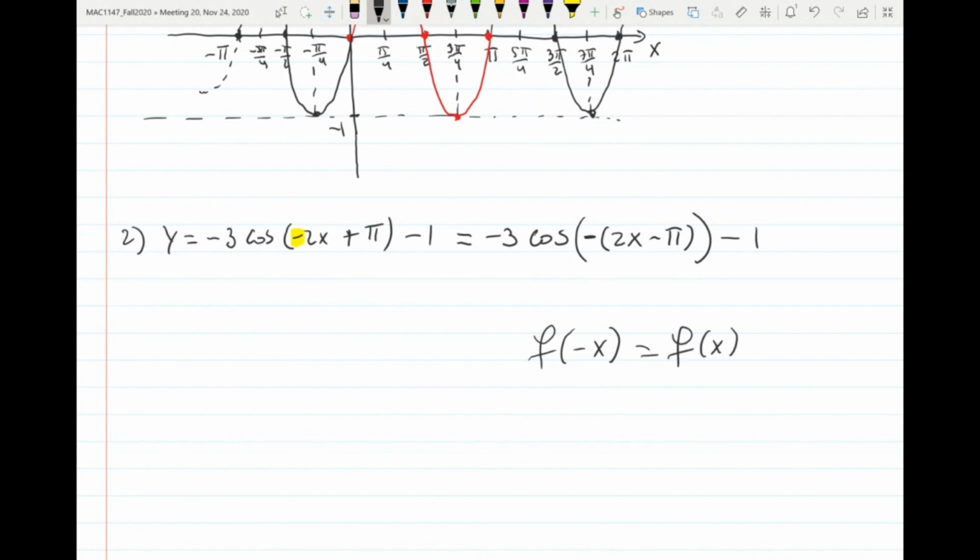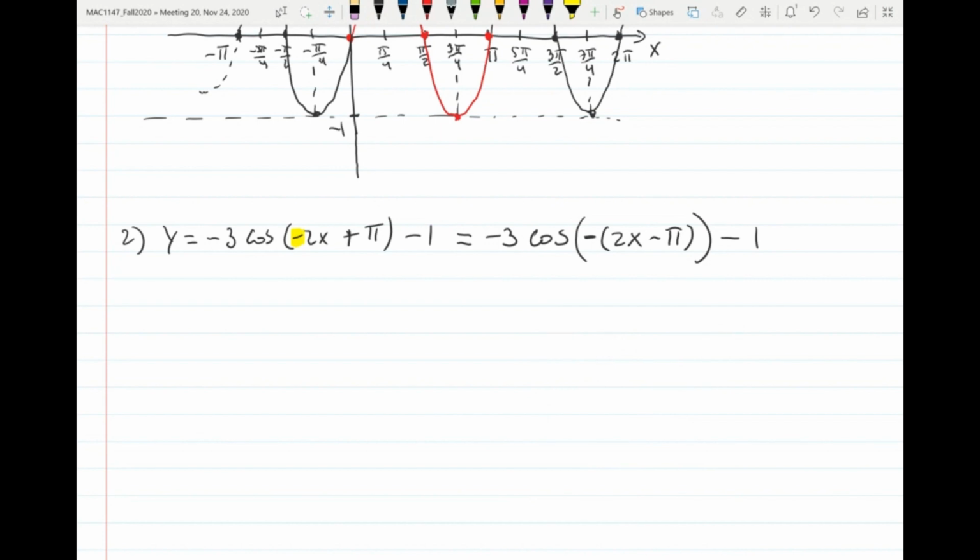That's what it means to be even. So whether you plug in x or negative x, it doesn't matter. You get the same y because your graph is symmetric with respect to the y-axis. So the minus is just gone from the cosine. Not like the sine, because the sine is odd, you have to take the minus out. In this case, because the cosine is even, the minus is gone.